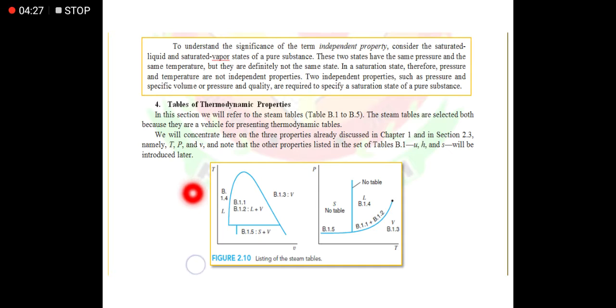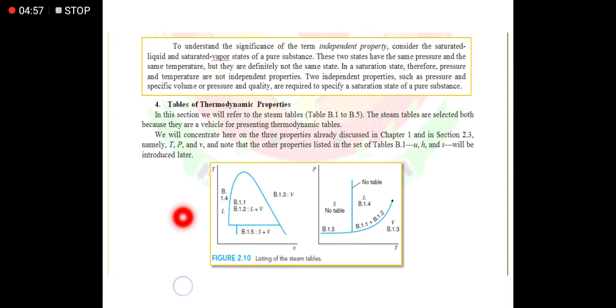So for example, meron kang given na substance. So alam mo na nandoon siya sa saturated lines, so kailangan mong tingnan siya sa table B.1.1 or sa B.1.2, or yung tinatawag natin siya as L plus V phase, okay? So or liquid plus vapor, no. So diyan natin siya makikita.